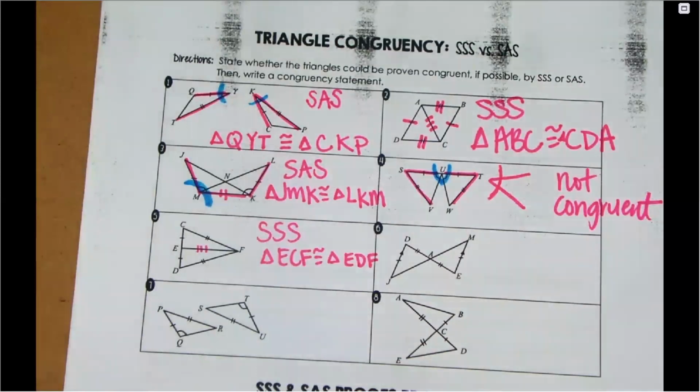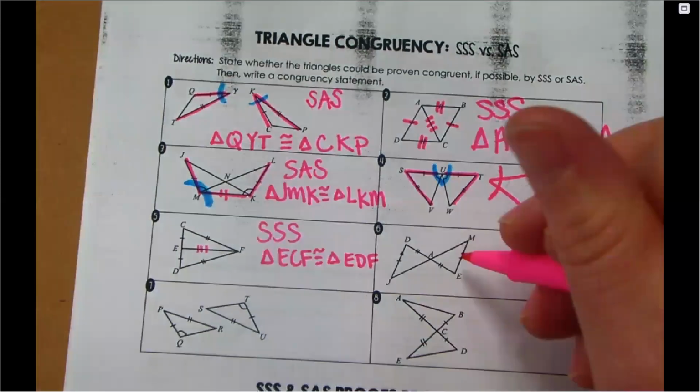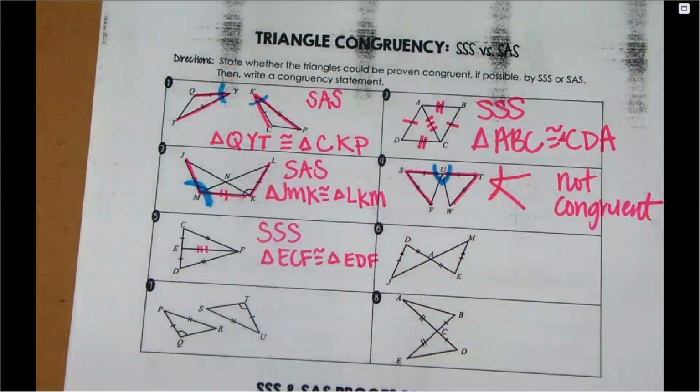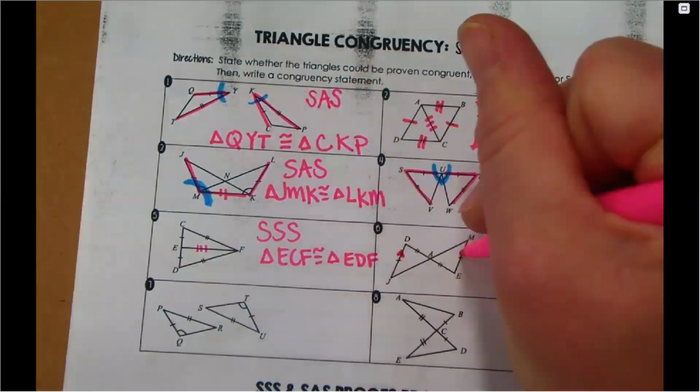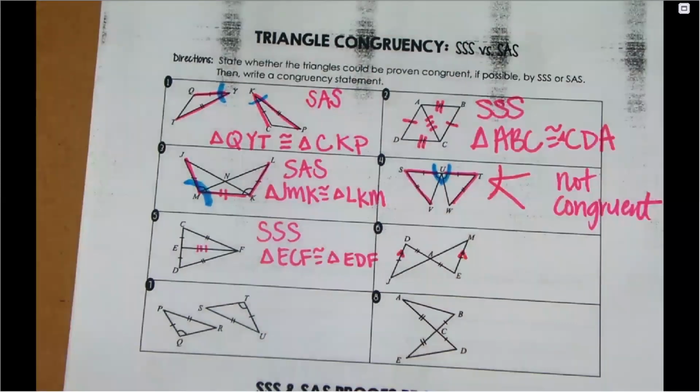All right, what about 6? Do you see that this one gives you the markings to show that it's parallel? So knowing that it's parallel, remember, tells you about corresponding angles, alternate interior angles, and exterior angles.